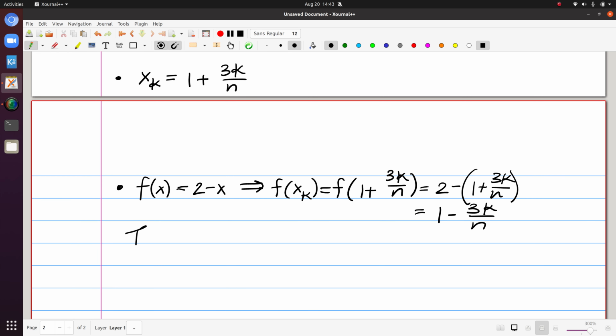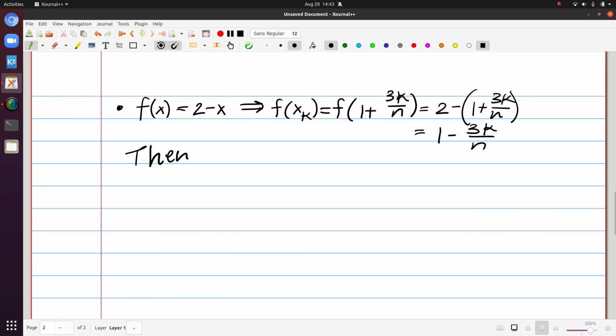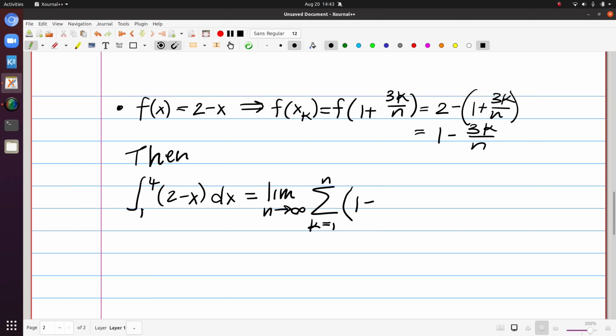I could say here that the desired integral from 1 to 4 of 2 minus x by definition equals the limit as n approaches infinity of the sum from k equals 1 to n of f of xk, we just found that to be 1 minus 3k over n, times delta x, which we computed to be 3 over n.